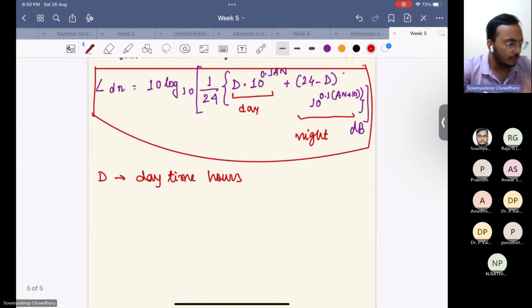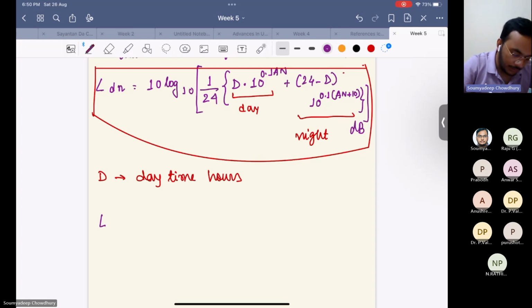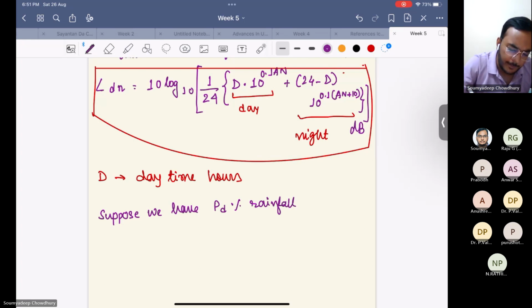And suppose we include the rainfall also during the daytime and during the night time, so we will have a different equation. Suppose we have PD % rainfall during day and PN % rainfall during night.